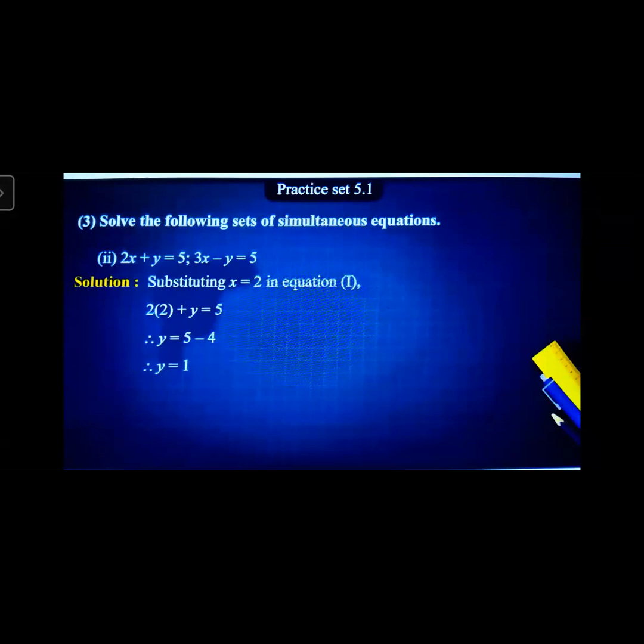Plus y and minus y was already there. 2 multiplied by 2 plus y is equal to 5. Therefore y is equal to 5 minus 4, therefore y is equal to 1. So 2 comma 1 is the solution of the given equations.